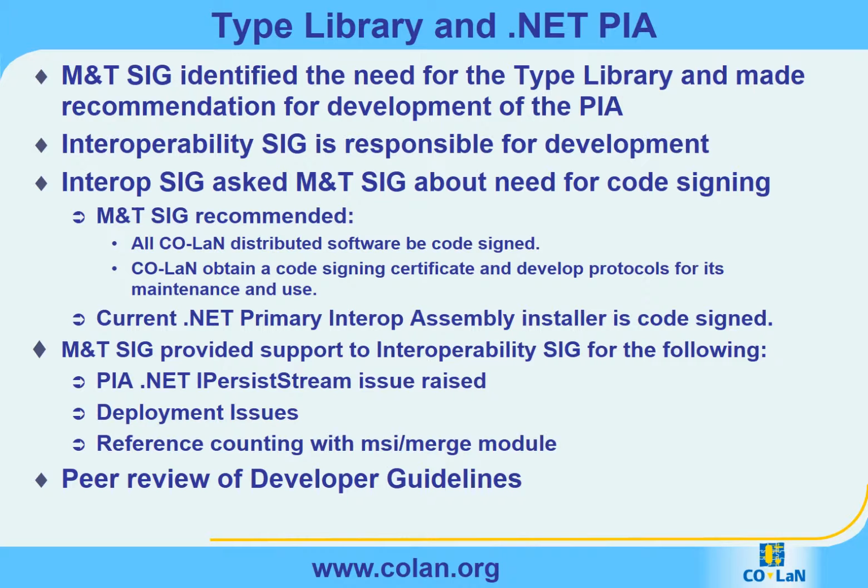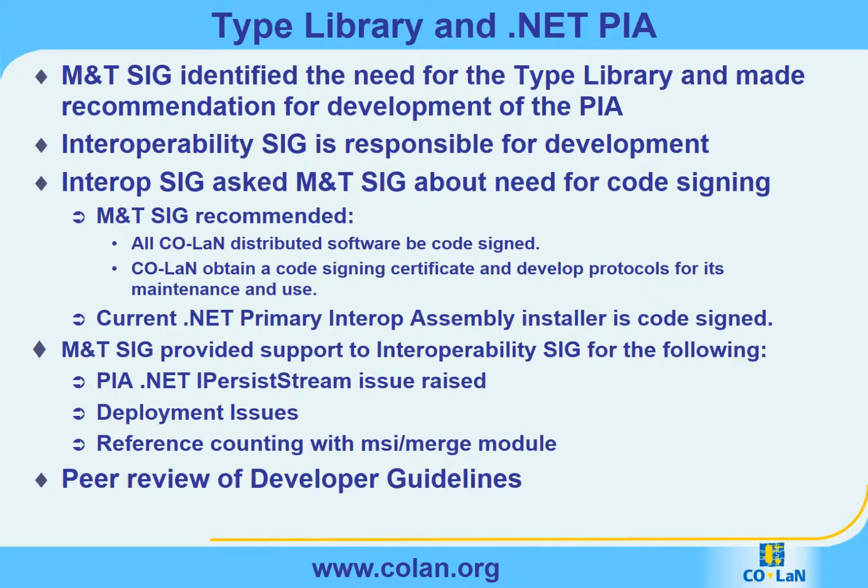So anyhow, those are the projects we're working on. The type library, as we mentioned with Malcolm, we made the recommendation for the development. The interoperability SIG has been responsible for the development. They've asked us for some input at various times. Code signing the installation package was one of the issues that they asked us for support on.